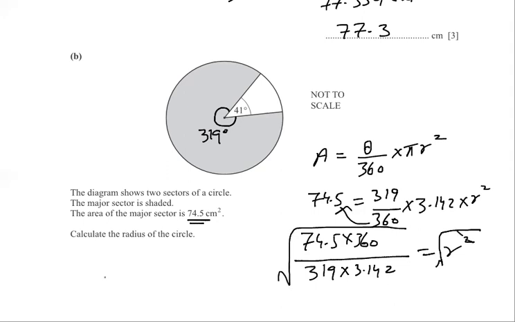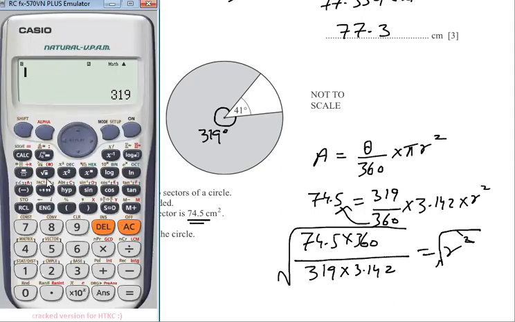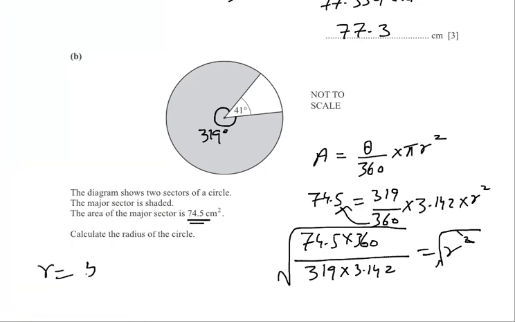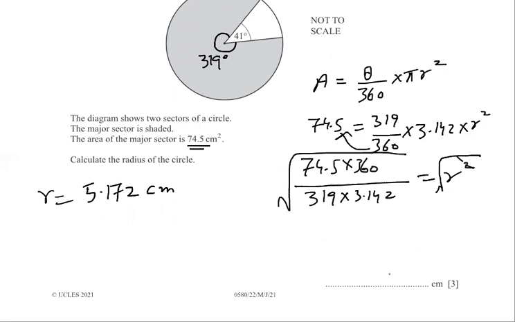Let's calculate this one: 74.5 multiplied by 360 divided by 319 multiplied by 3.14. So it is 5.172 centimeters. If you round to three significant figures, it will be 5.17.